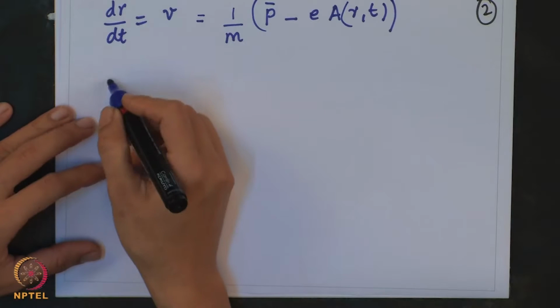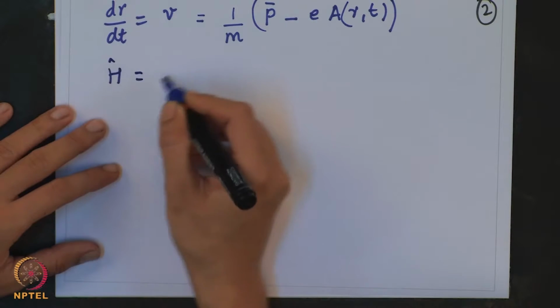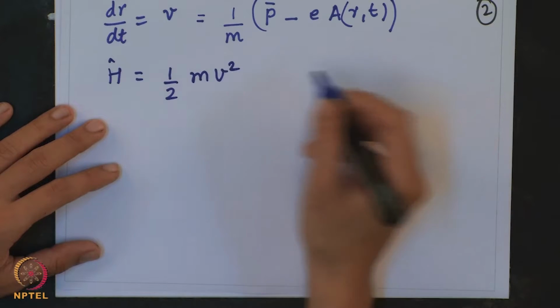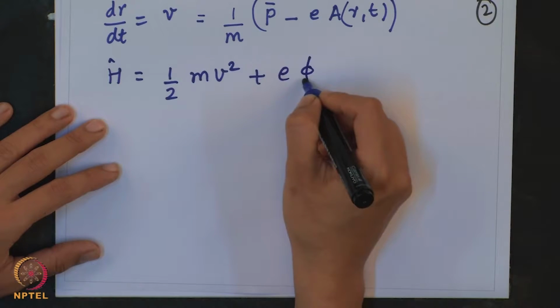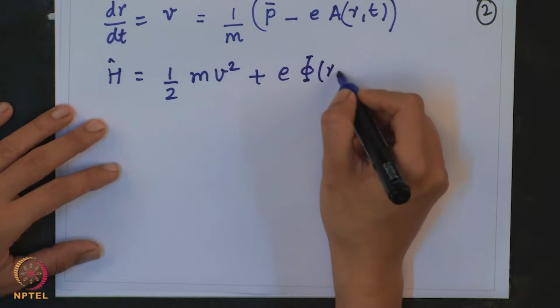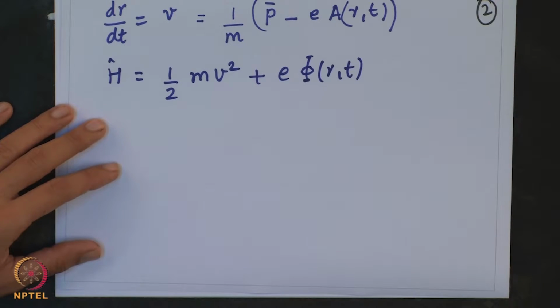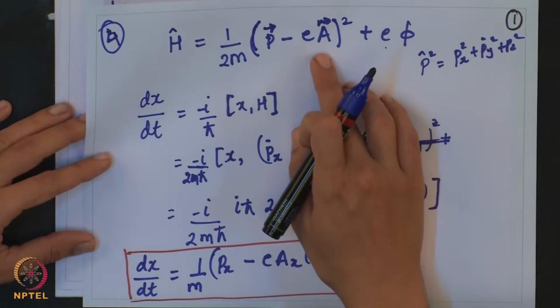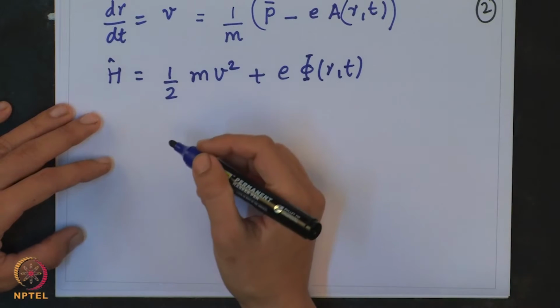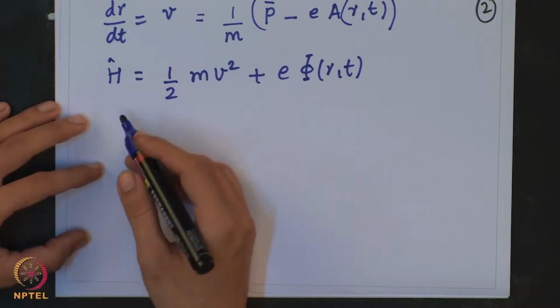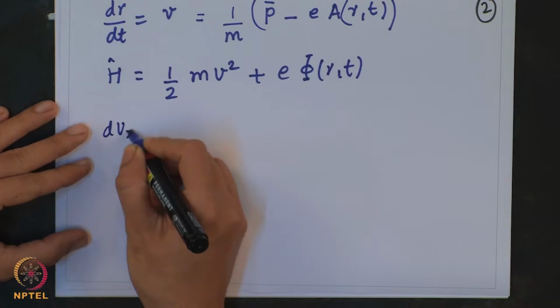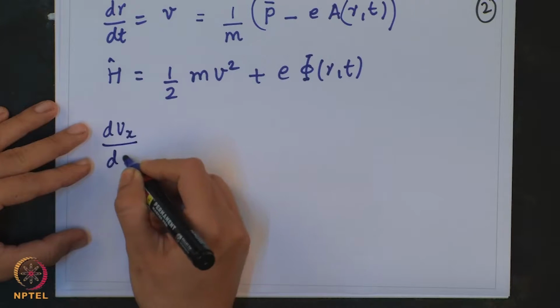I can rewrite the Hamiltonian operator as half m V square plus this term, which will remain unaltered. This is also a function of r and t, which I have not written here, but explicitly it means that it is a function of the space and time coordinates. So now, in order to calculate dV, let us do it for x.